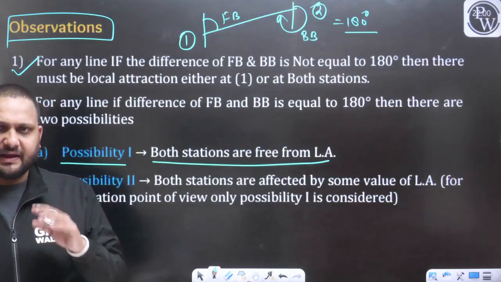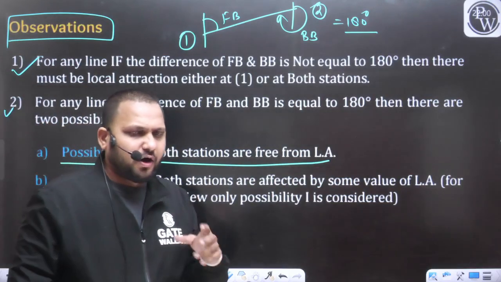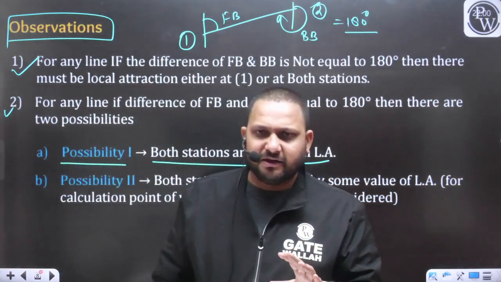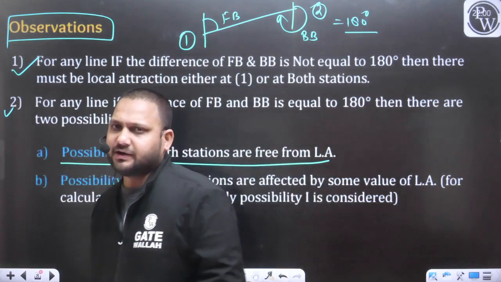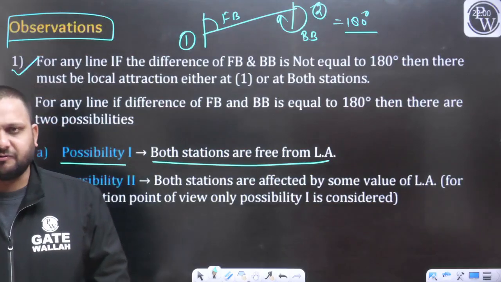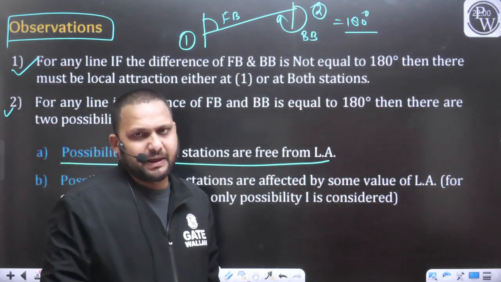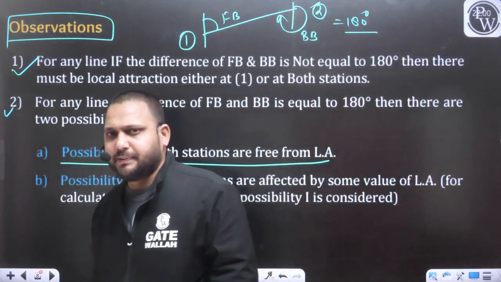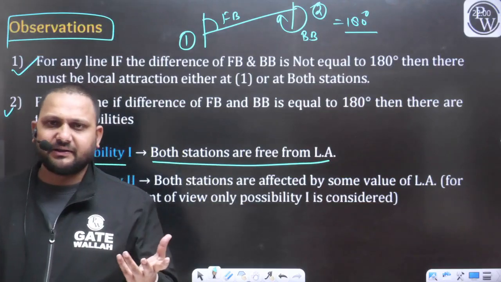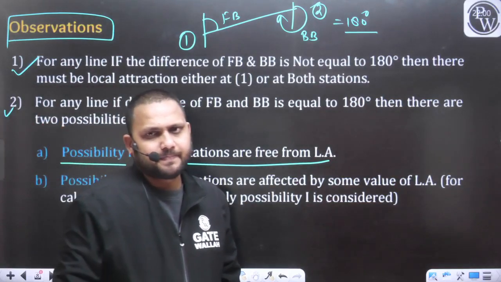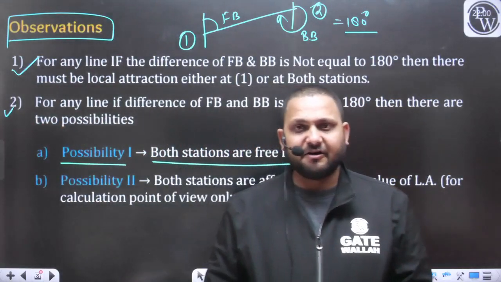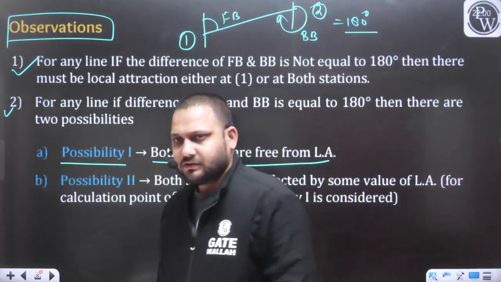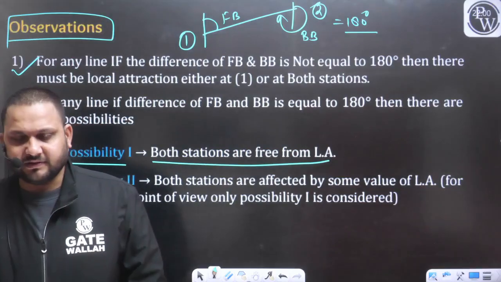Means station A or station 1 and station 2, both are having no error due to the local attraction. Then only we are getting the correct fore bearing and correct back bearing, and the difference is 180 degree. But this is only half the picture. Yes, this is possibility one.